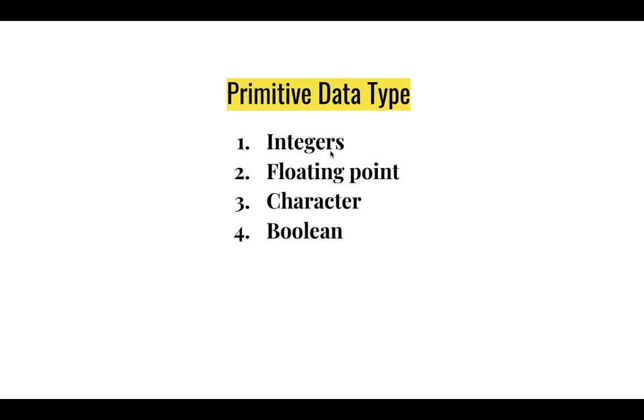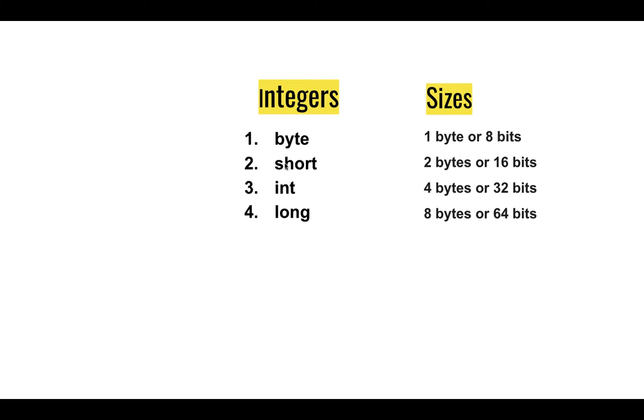Integers represent whole numbers. Under integers: byte, short, int, long. Byte: its size is 1 byte, equal to 8 bits. This data type has 8 bit storage.